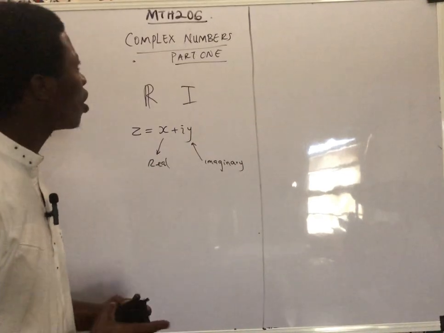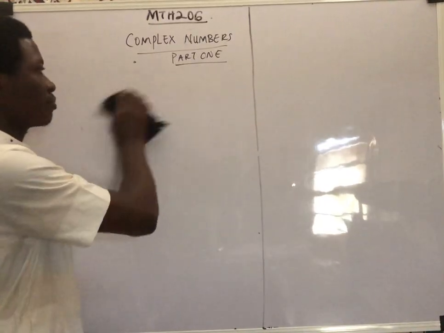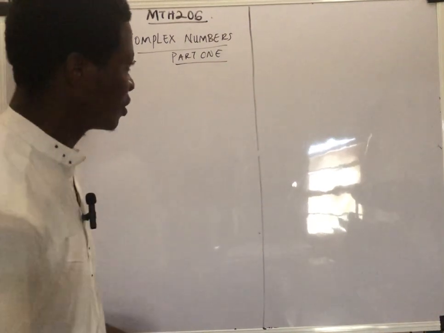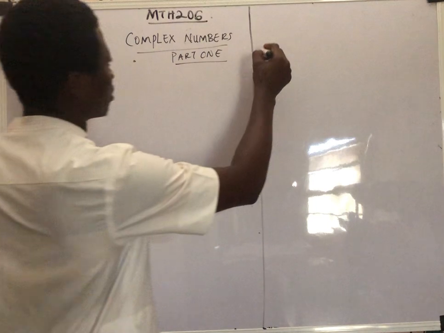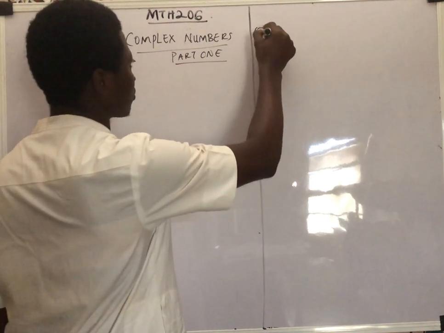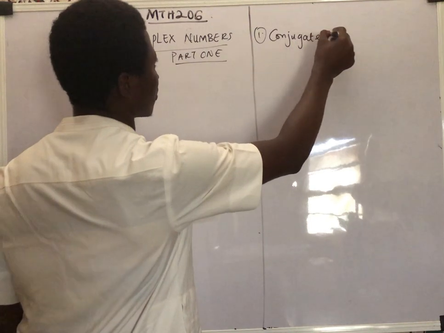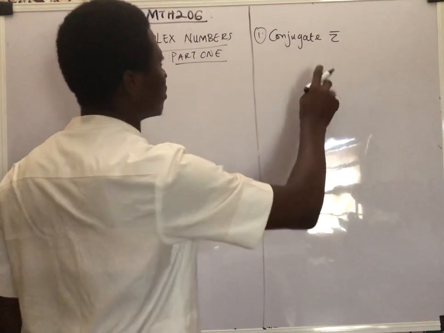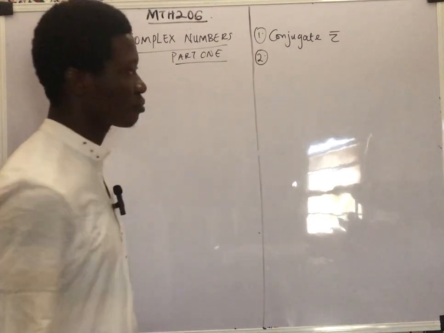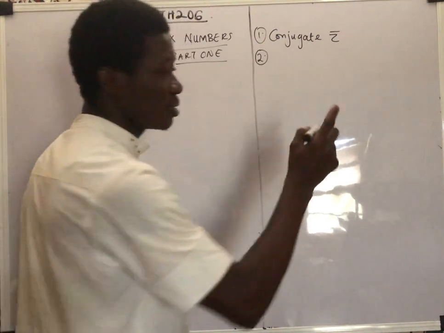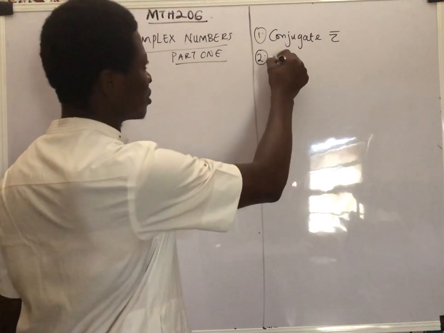In the course of this topic, we are going to be discussing so many terms, so let me write those terms out. The first one is conjugate, and it is denoted Z bar. The second one, which we are going to be discussing, is modulus.